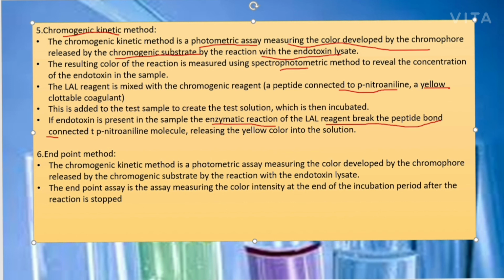And in the kinetic method, constant readings are taken as the color develops. In the endpoint assay, after the incubation period is over and the reaction is stopped, the color intensity is measured and the endotoxin presence is determined.